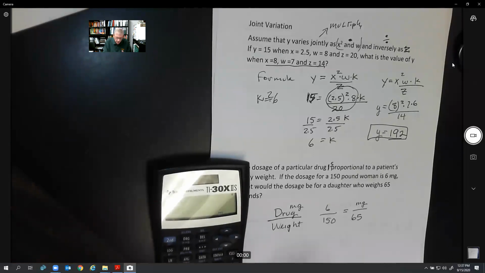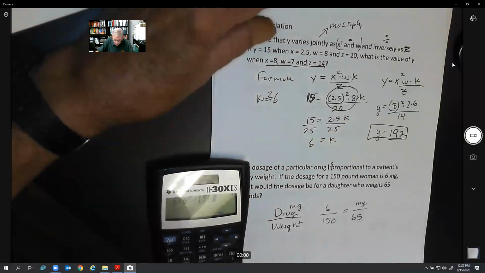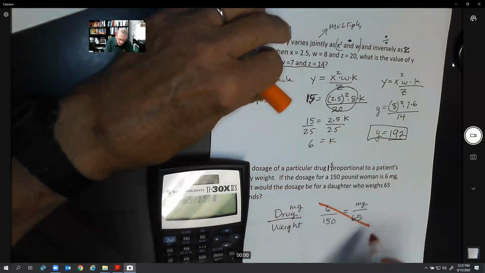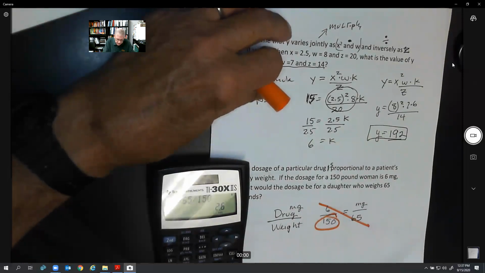So most of the proportions you're going to get are direct proportions. 6 times 65 divided by 150. So we're going to multiply diagonally down and divide by the number that's left. And that gave me 2.6 milligrams.